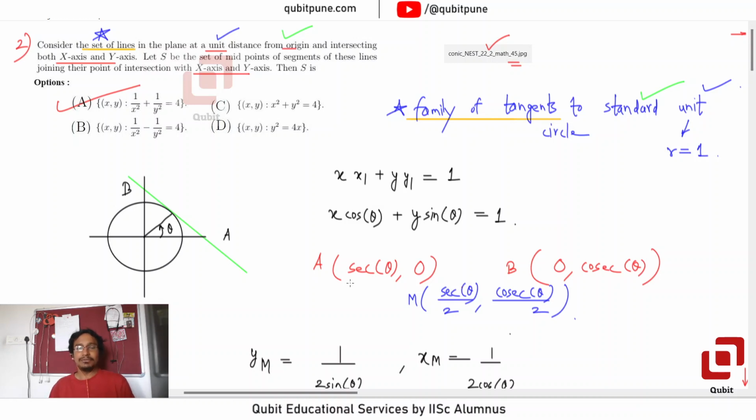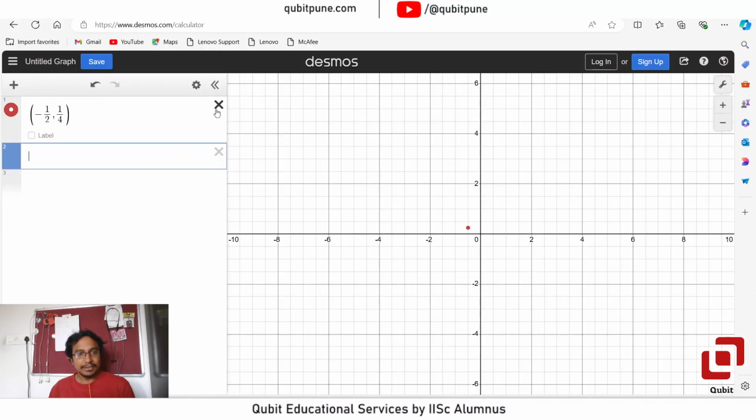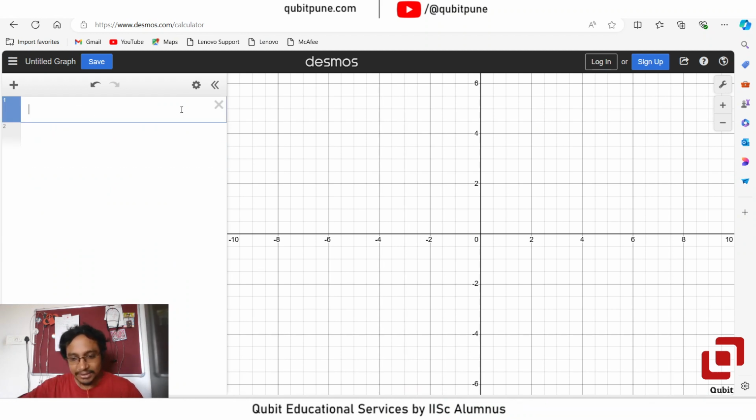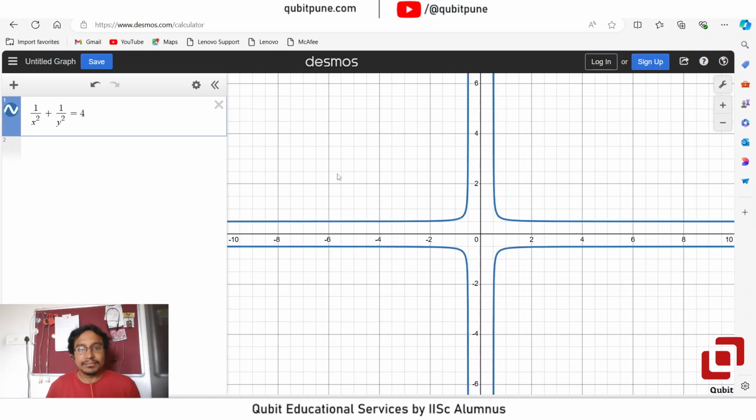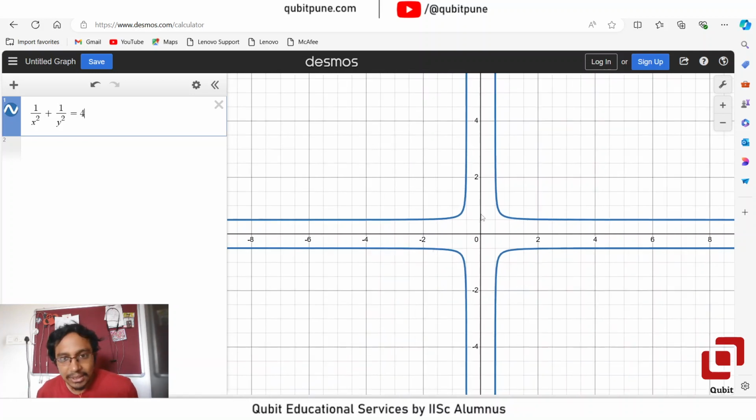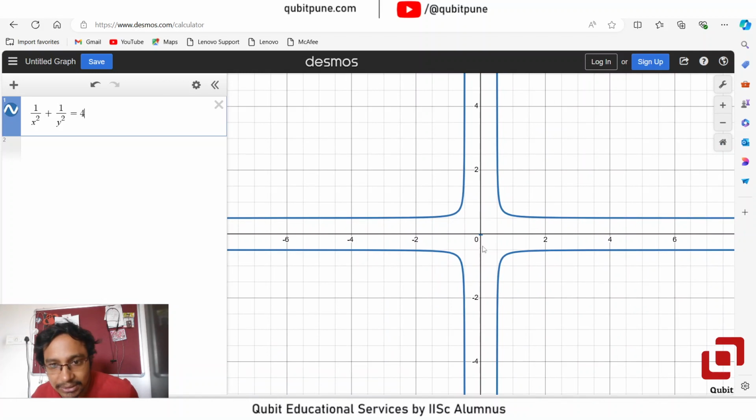1 upon x squared plus 1 upon y squared equals 4. Let's see. As far as the shape is concerned, I think it is bounded. The values can never be 0, for obvious reasons.